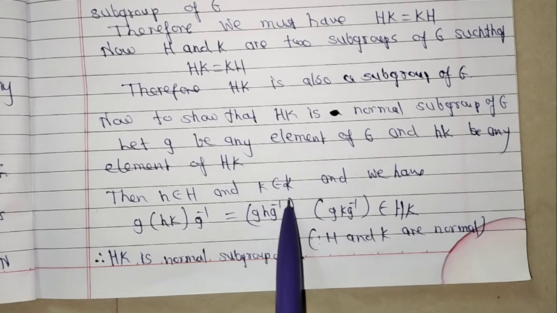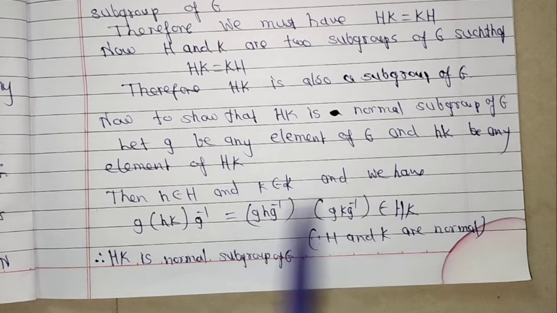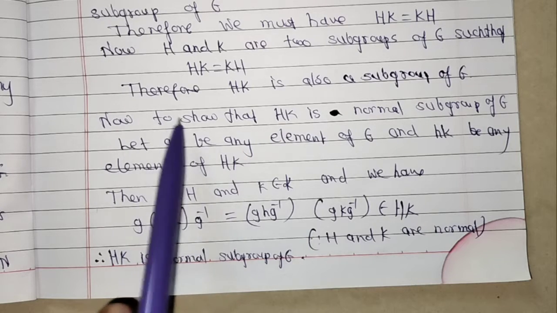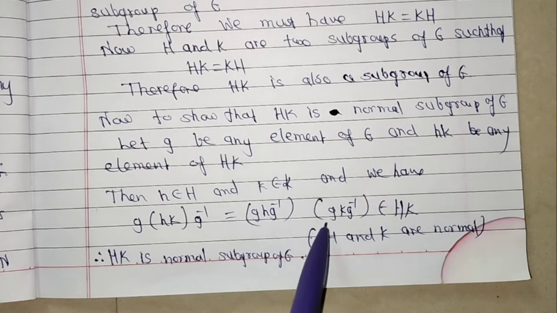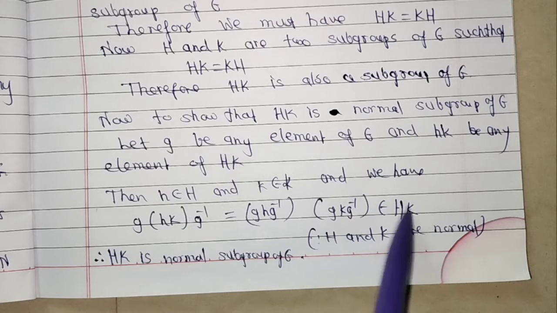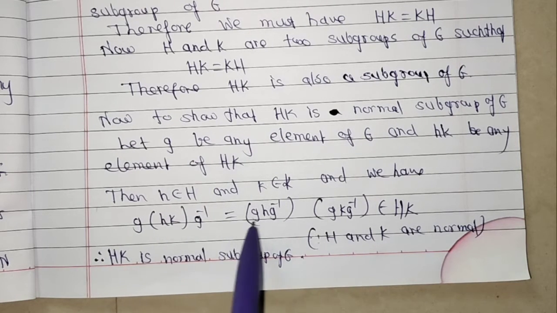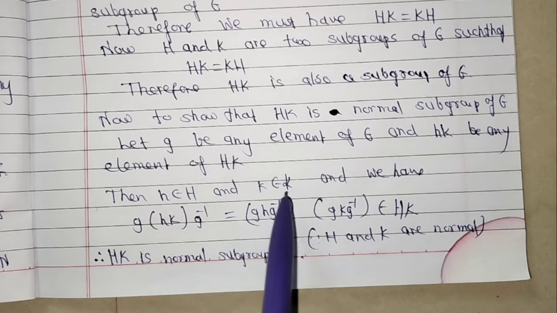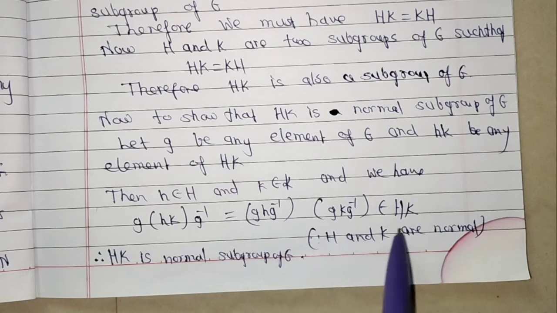Normal means g h g inverse belongs to H and g k g inverse belongs to K. This property is satisfied, so that HK is a normal subgroup of G. Since H is a normal subgroup, g h g inverse belongs to H. Also, since K is a normal subgroup, g k g inverse belongs to K. Here we have considered the product g(hk)g inverse equals (g h g inverse)(g k g inverse), and this belongs to HK since H and K are normal.